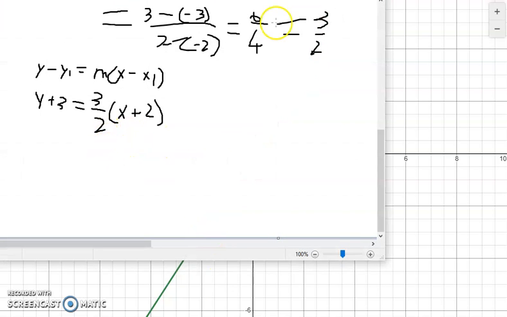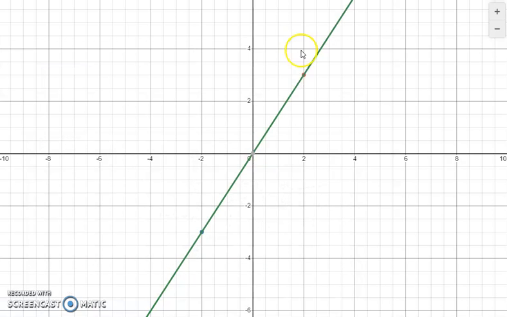The next form is slope-intercept form. Slope-intercept form says y is equal to mx plus b. Now what is b? b is a component that's known as the y-intercept.